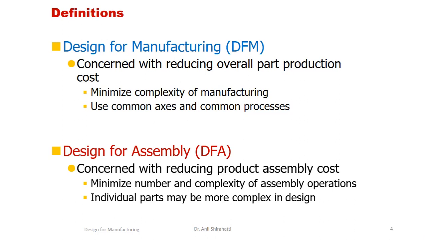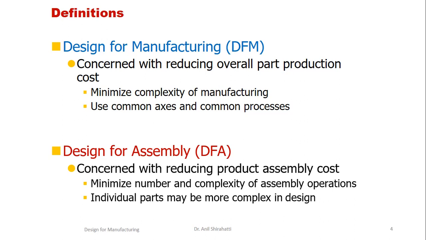Okay, in case of design for assembly, we are mainly concerned about reducing the overall cost and time for the product to get assembled. In this case, we have to minimize the number of parts to be assembled and also the complexity dealing with assembly operation.